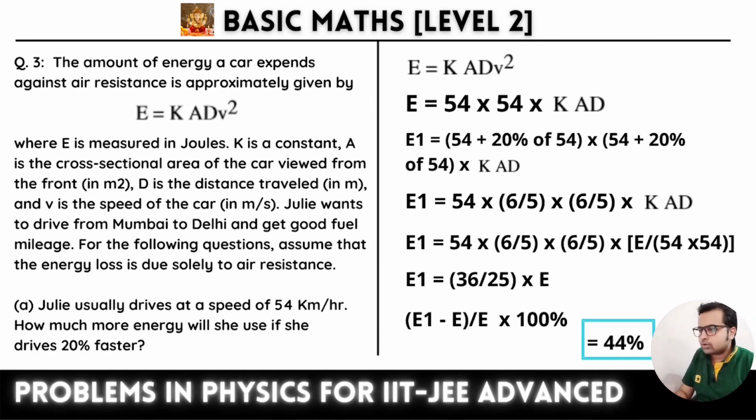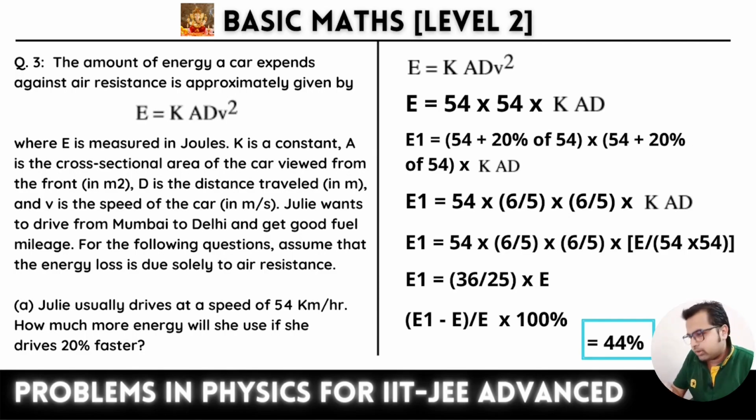Now we have E1. In the E1, instead of KAd we can substitute E upon 54 into 54, because this is also very clear. So we get a relationship between E1 and E. After solving we get E1 is equal to 36 upon 25 into E.